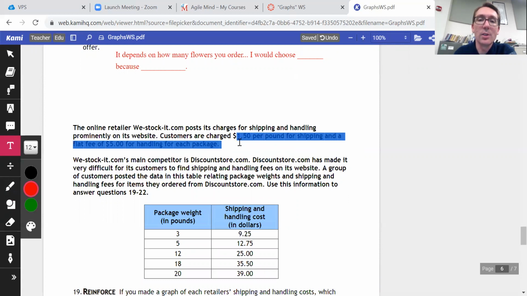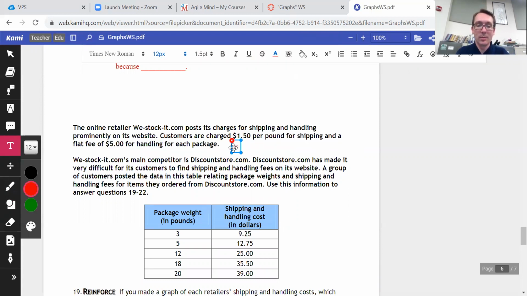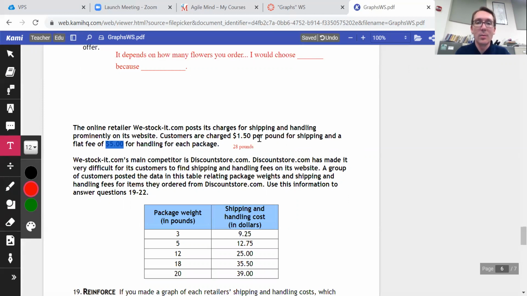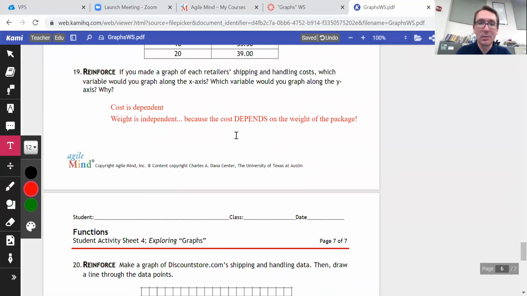These guys would charge, let's see. For these guys, if we had 28 pounds, it would be $5 plus $1.50 for each pound.